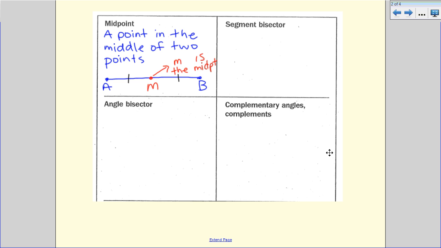Segment bisector can be a line or segment that cuts a segment, I should say divide, but that cuts a segment into 2 equal parts.